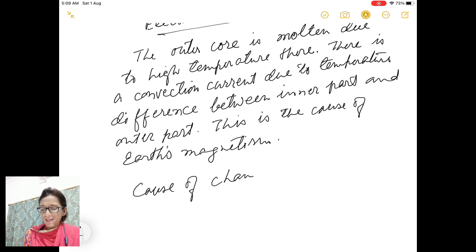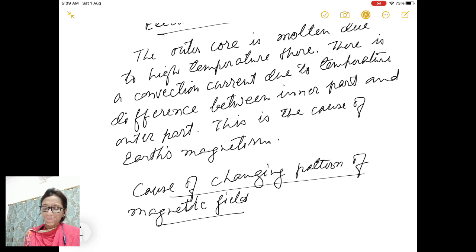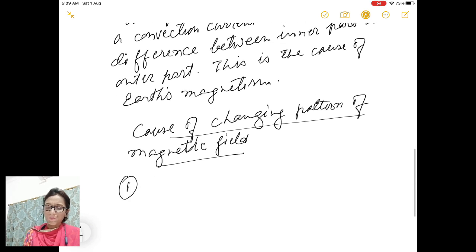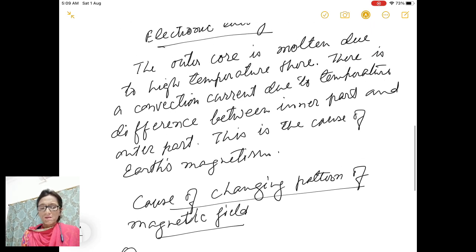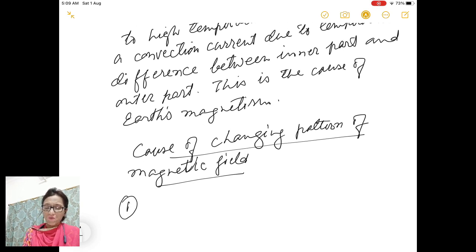Cause of changing pattern. So this is your changing course of flow of current.